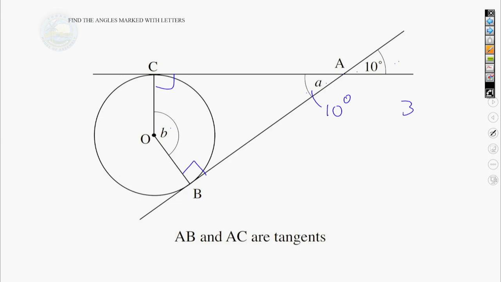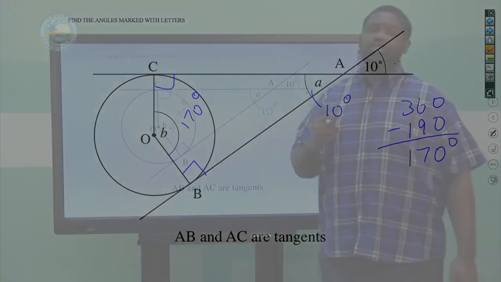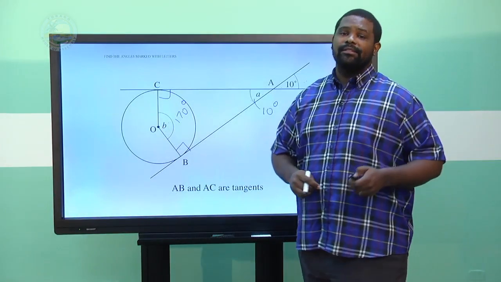And then 360, take away 190 is 170. So the angle here will be 170 degrees. Again, remember, the rules are important. Know why the answer is the answer and not just what the answer is.